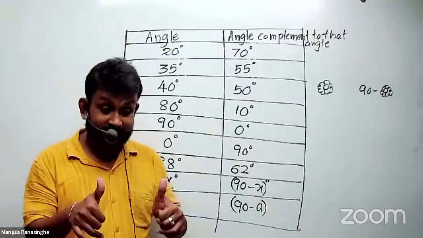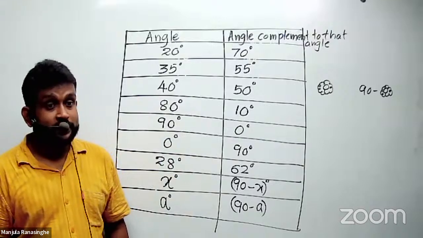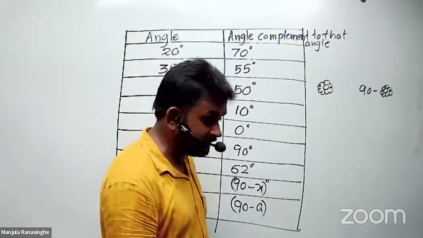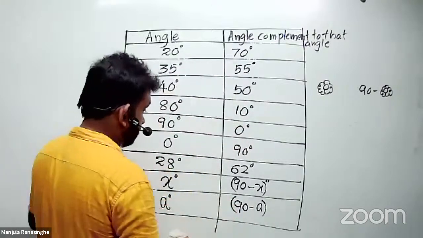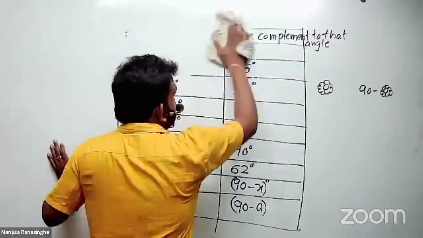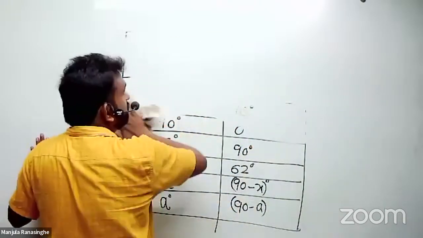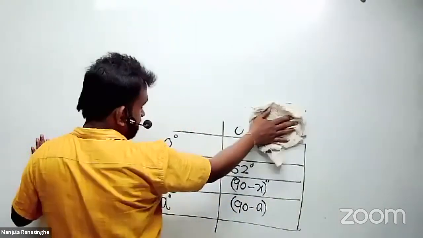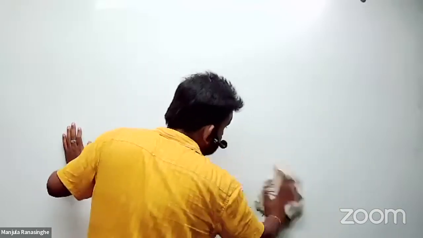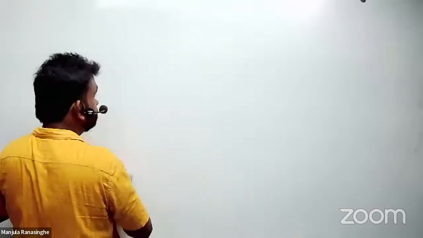Okay, fine. Great. Now let's go to the new topic, supplementary angles. So we will now move to the next topic, supplementary angles. Here both the angles are acute angles. If two angles are complementary, both shall be acute angles.